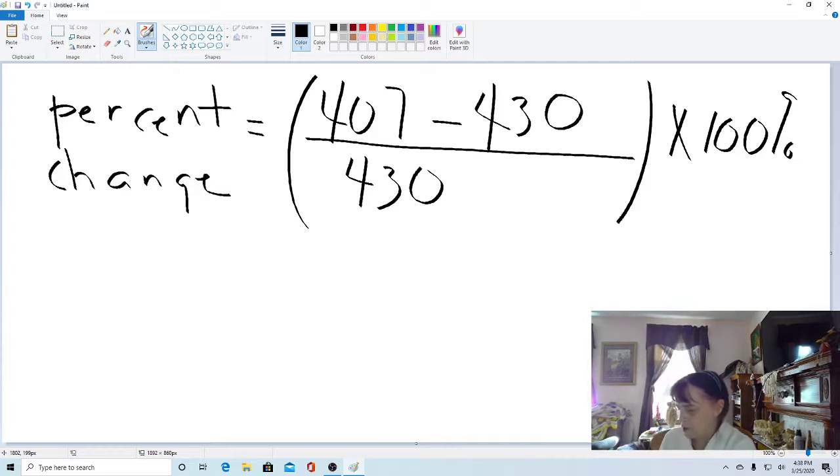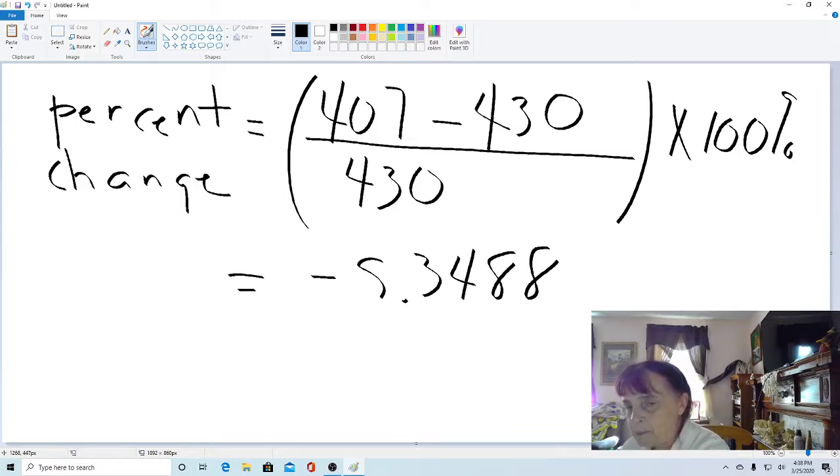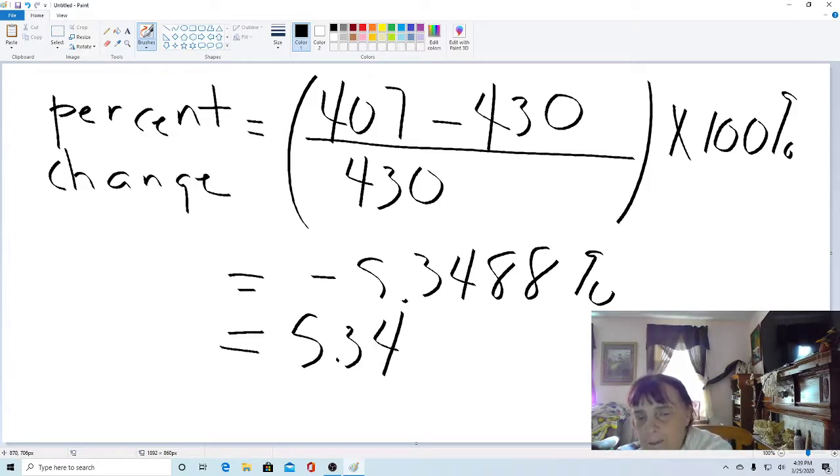Then you multiply by 100, and you get negative 5.348%. And the negative just means it's a decrease. And if you want, you could make that 5.35% decrease. Now let's work another problem.